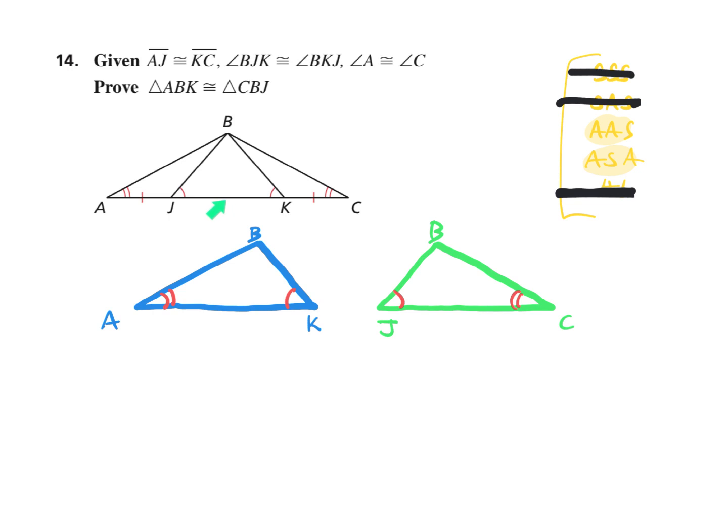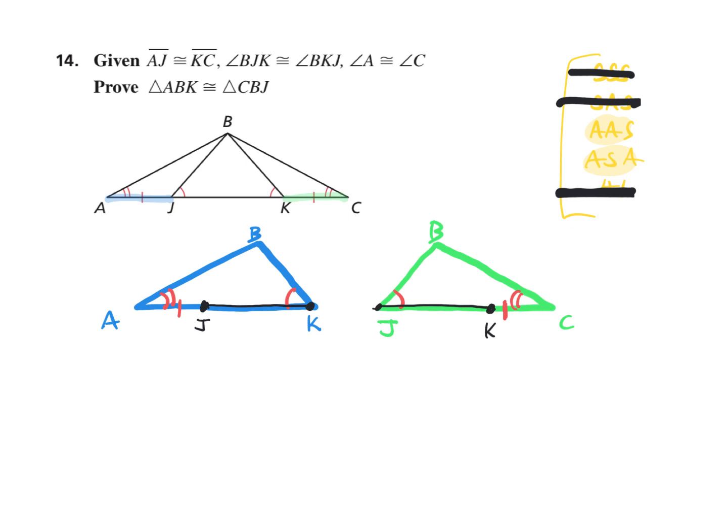And so far we have not used the given information that AJ is congruent to KC. Maybe there's a way we can use this given information to prove that AK is congruent to JC. If we plot point J and K on these sides, we can see that AK is AJ plus JK, and segment JC is JK plus KC.